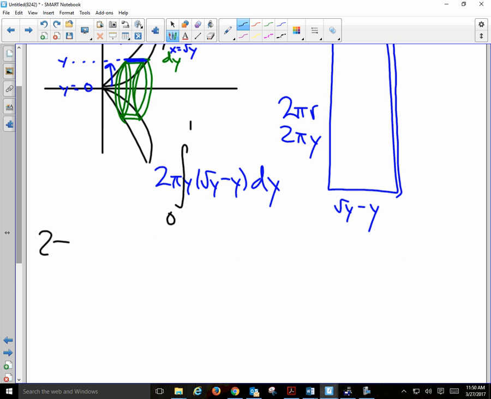So 2 pi times the integral y times y to the 1/2, y to the 3/2, y times y squared, and dy, 0 to 1.